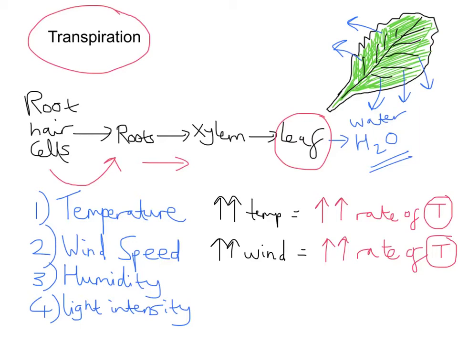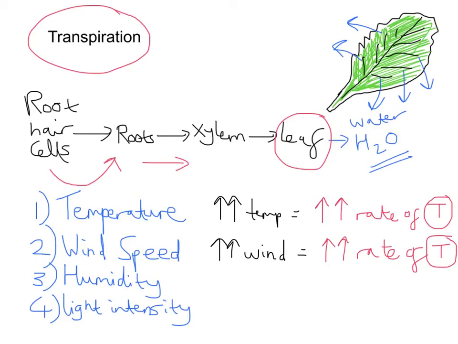And what that does is help to maintain a steep diffusion gradient. By diffusion gradient, we mean that water concentration difference, if you like. If the wind is blowing water away around the leaf, it means there's technically lower water concentration outside of the leaf compared to inside. And as water goes from where there's a lot to where there's a little, from high concentration to low concentration, water would move out. So transpiration rate increases when it's windy because you have that diffusion gradient.